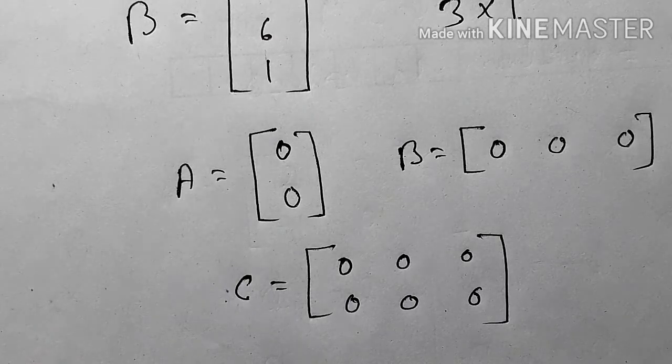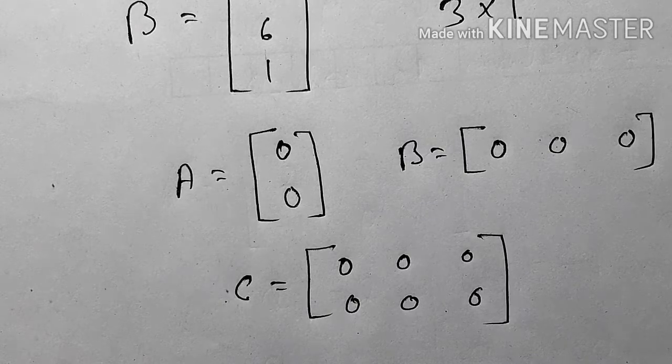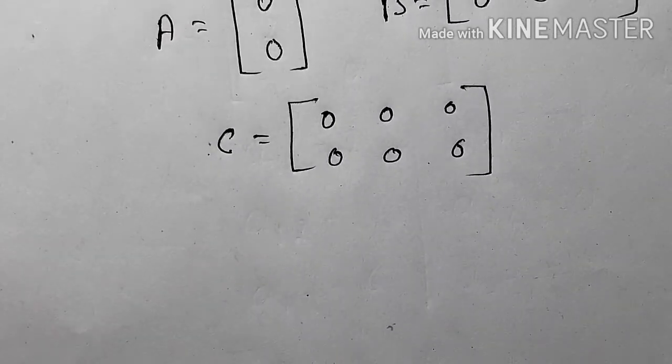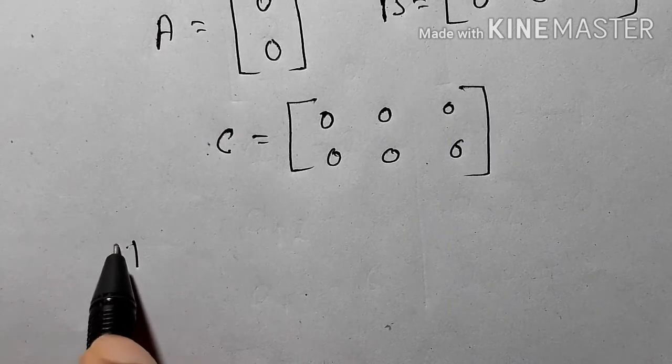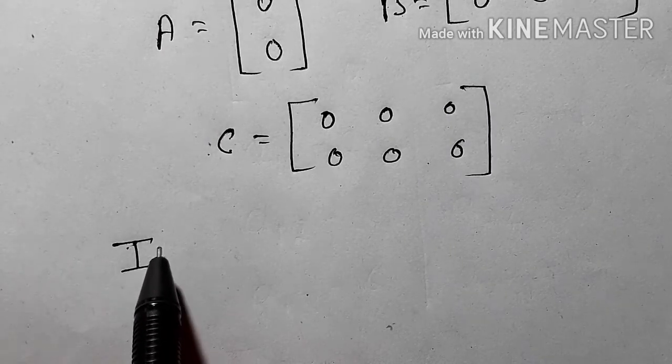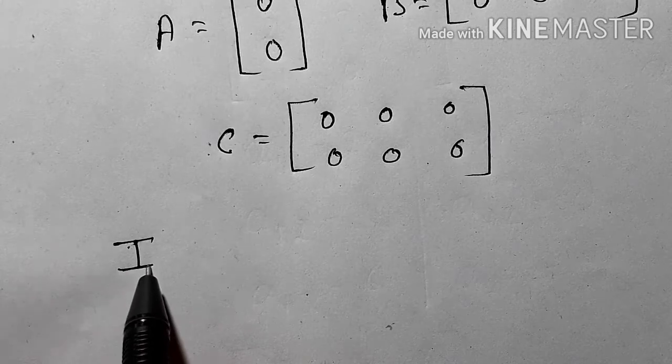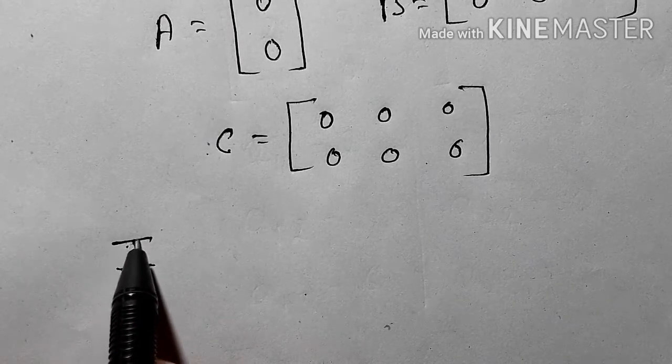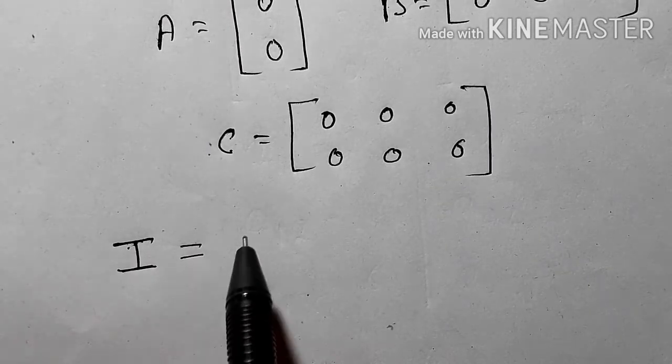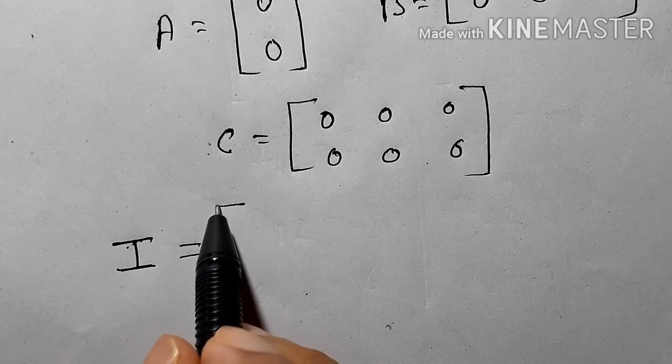Now, the next point is identity matrix. Identity matrix is represented by capital I. When you see this capital I, you write this type of matrix.